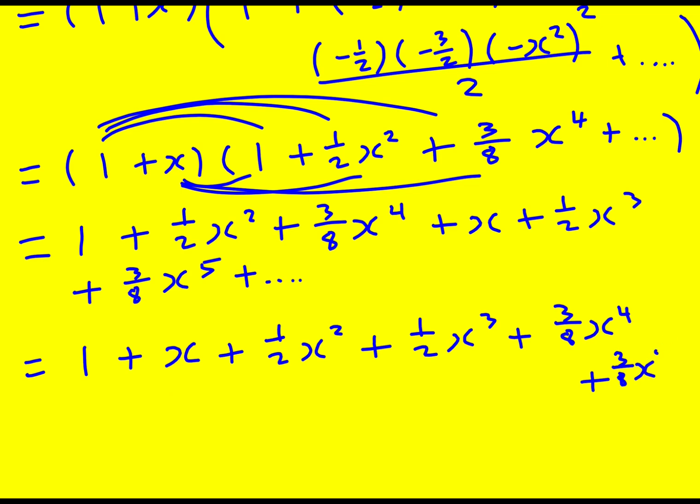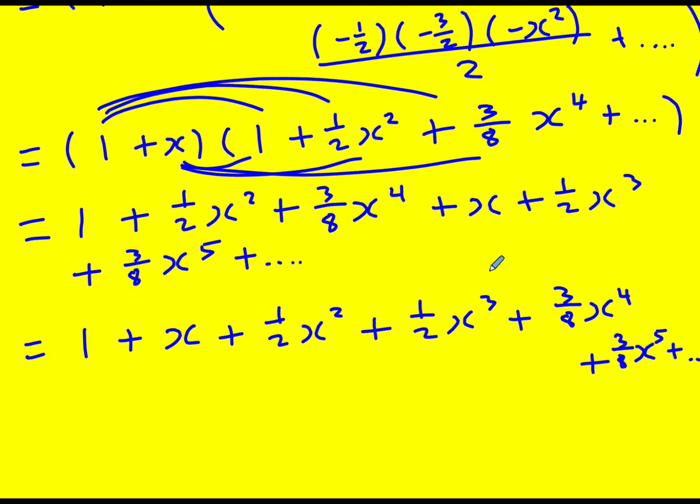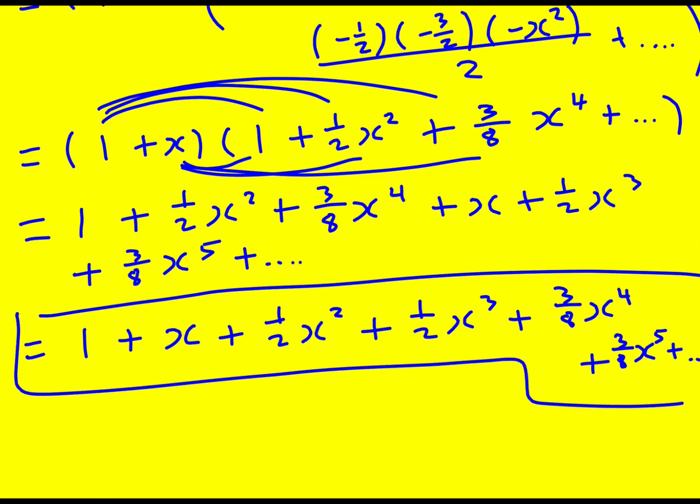Plus 3/8 x to the 5 plus dot dot dot. Yeah, that's okay. And I think it's good here as well just to write down the condition that the modulus of x must be less than 1. Well done.